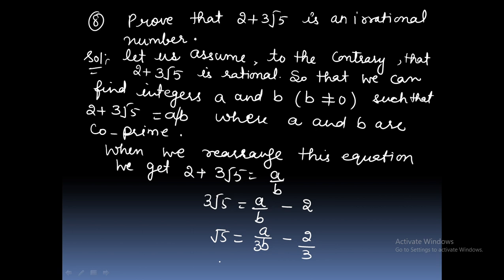Now when we take its LCM, we find it a minus 2b. After this, you can write it like this: a by 3b minus 2 by 3.